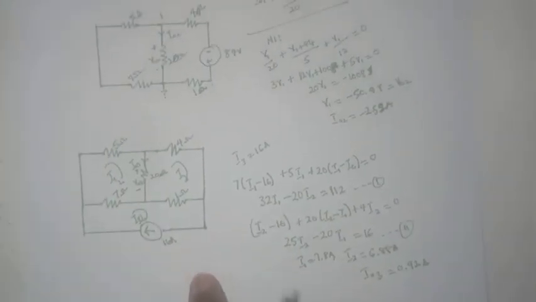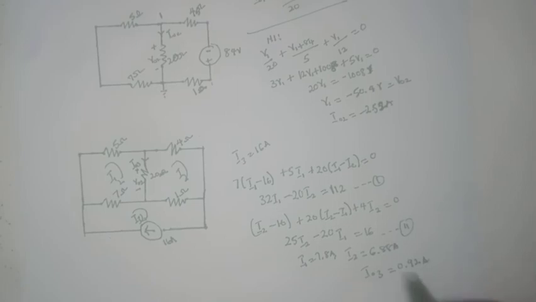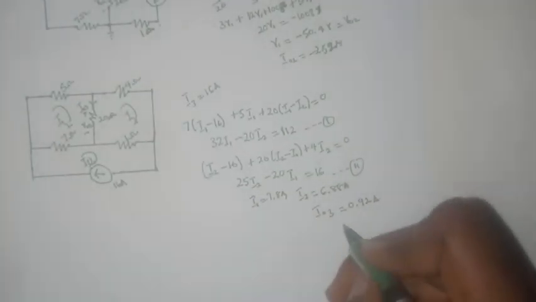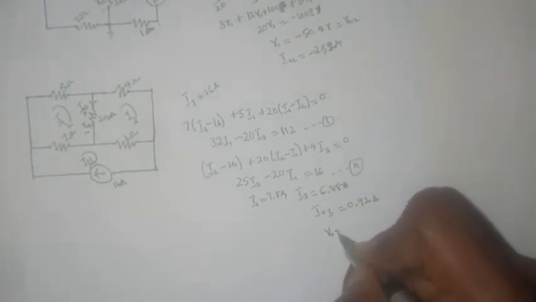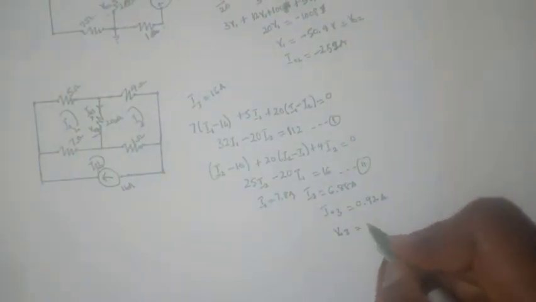We expect V03 to be equal to 0.92 times 20, which gives us 18.4.